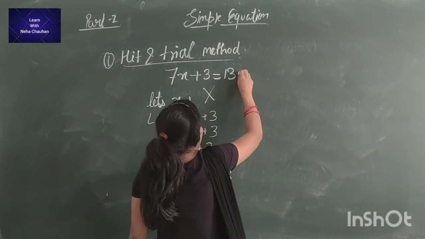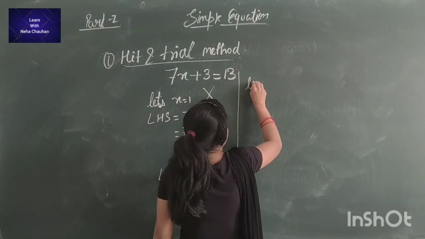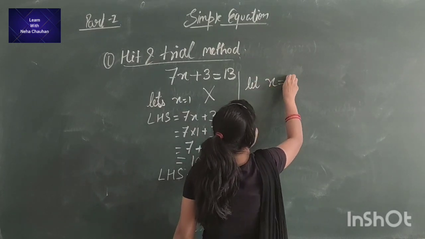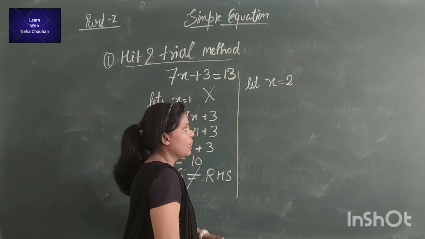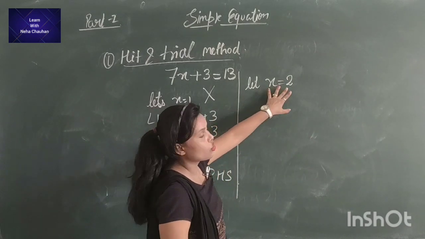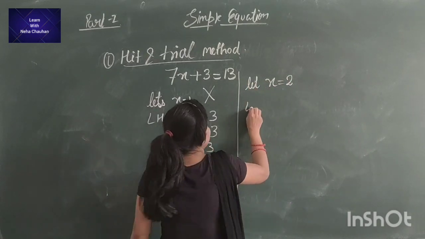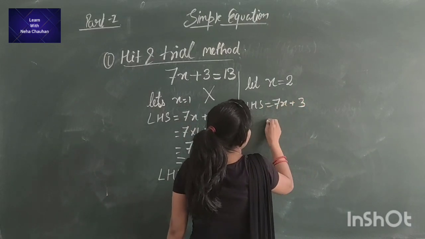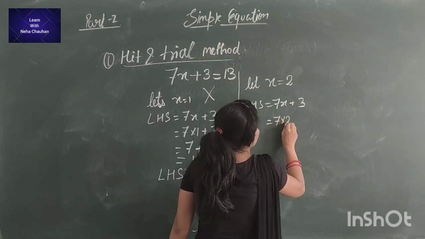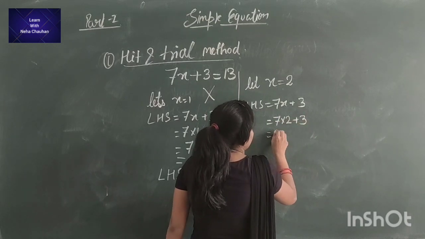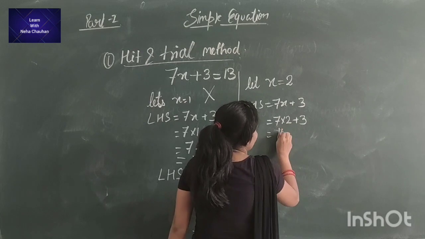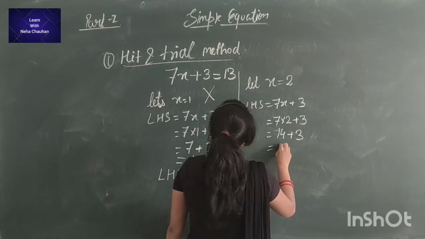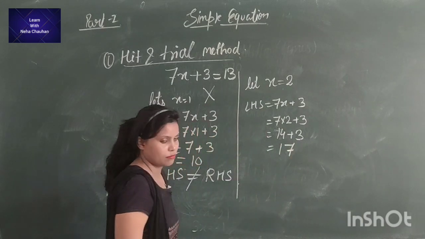Now again we are assuming the value of x. Let x is equal to 2. So LHS is equal to 7x plus 3, 7 multiplied 2 plus 3. So 7 multiplied 2 is 14 plus 3. 14 plus 3 is 17.